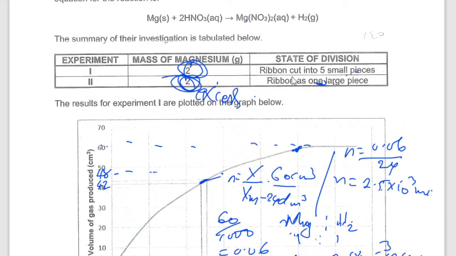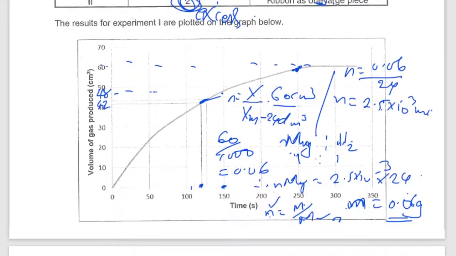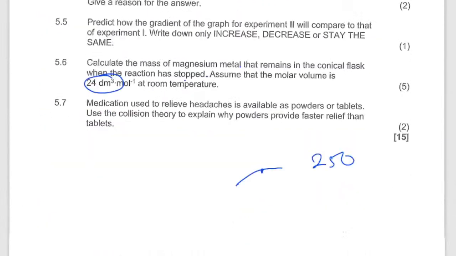Why? Because in this one, the other components are not easy to find. The surface area is small. So in this case, powder has a larger surface area than solid ones. Therefore, more effective collisions per unit time. Whenever I talk about effective collisions, guys, you must always talk about per unit time.